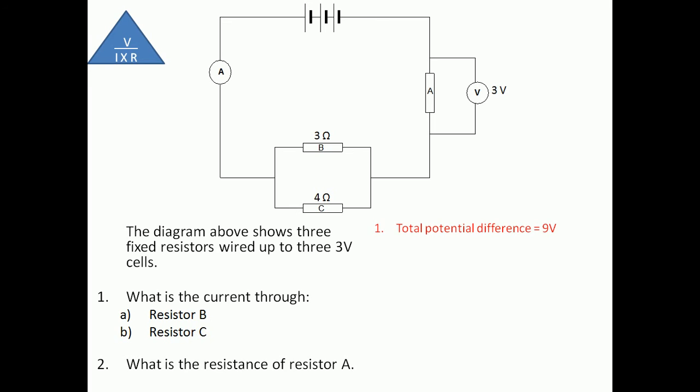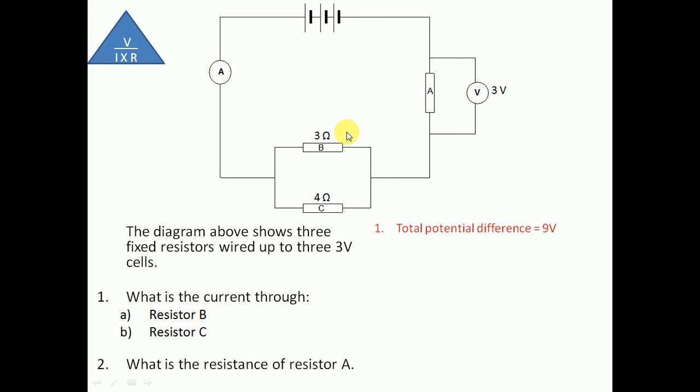Since there's 3 volts across this one, there must be a potential difference of 6 volts across these two, because 9 volts take away 3 volts is 6 volts. Since these are both in parallel, they must both receive the 6 volts that's left over. So 6 volts across this one, 6 volts across that one, and then 3 volts there. The 6 plus the 3 gives us the 9 of the supply.